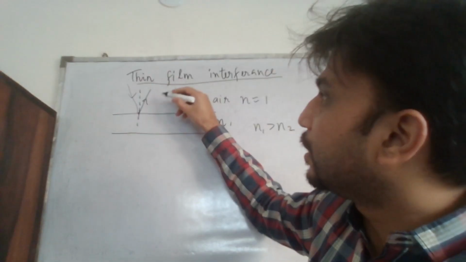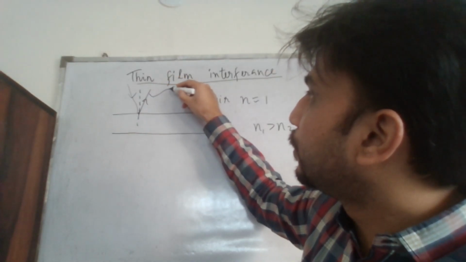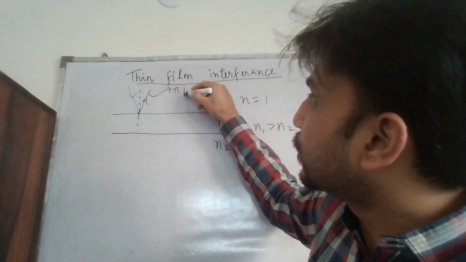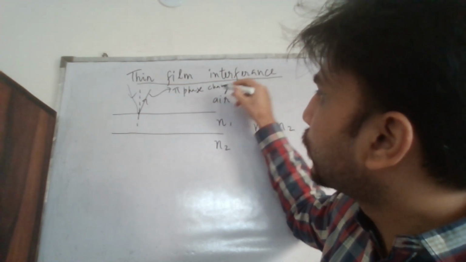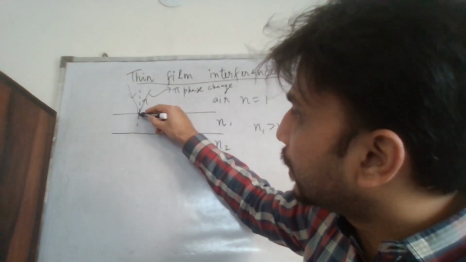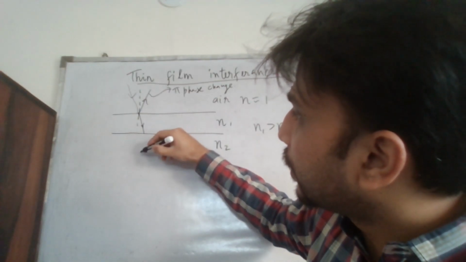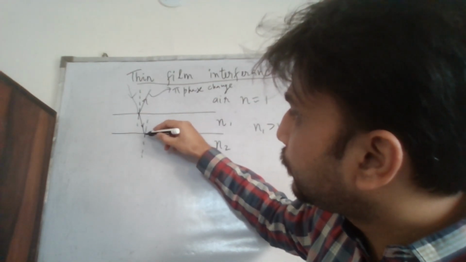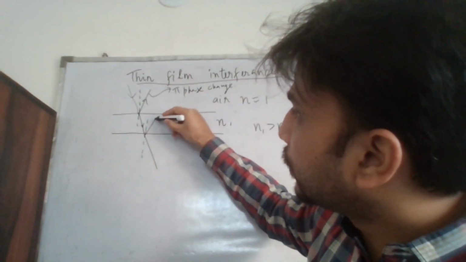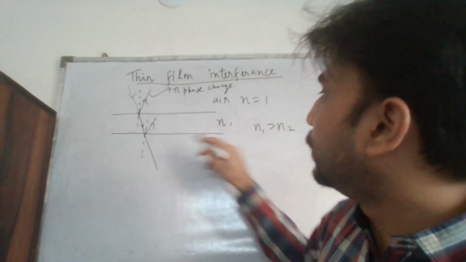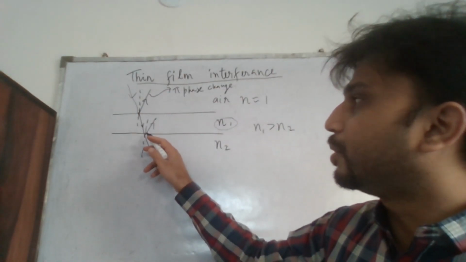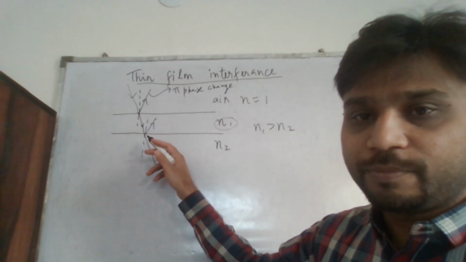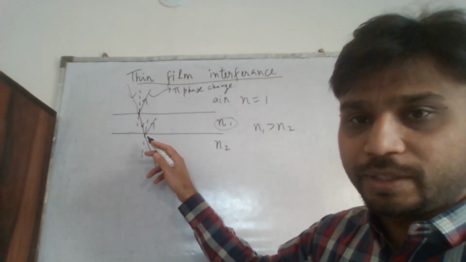This reflected ray will undergo a pi phase change. This second ray will get refracted and it will get reflected back into the medium it came from. This ray upon reflection here does not get any phase change.